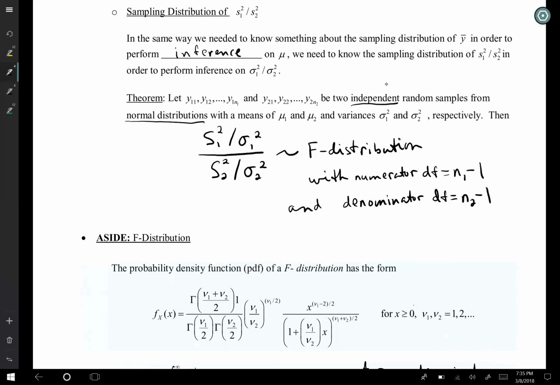But as we expand the methods we can cover for inference, that's going to naturally pick up other distributions. It turns out there are tons and tons of distributions out there.